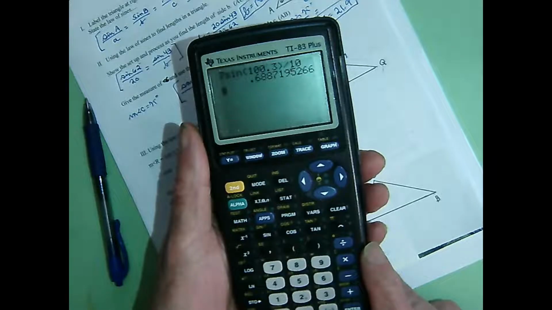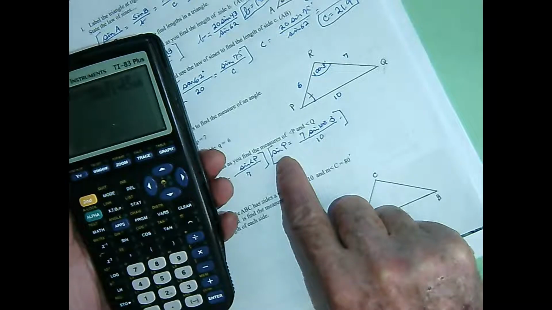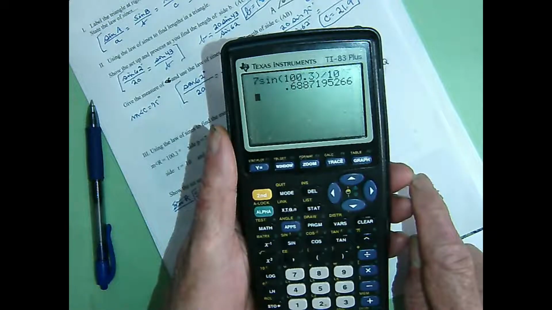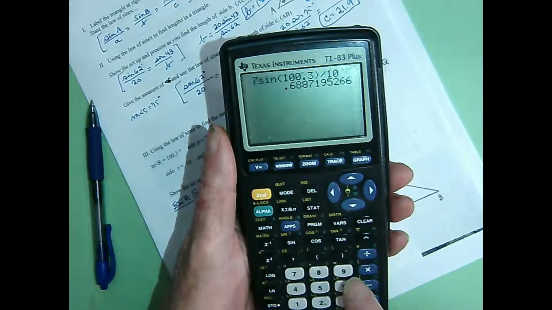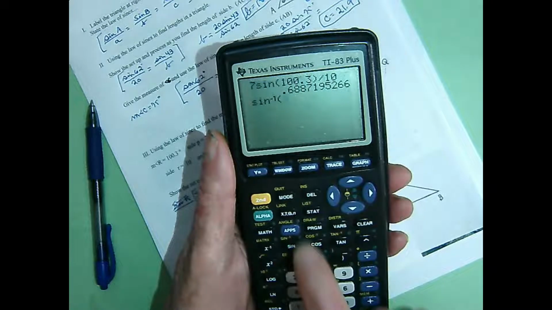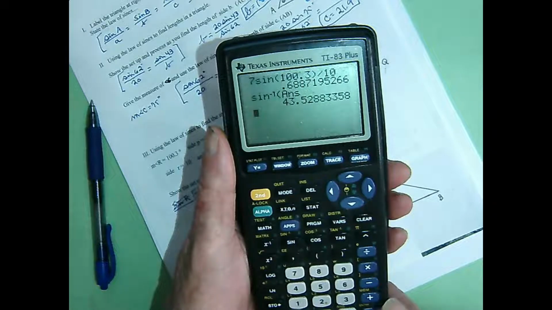And I have this amount, 0.6887. But that is equal to the sine of angle P, and I want to know the measure of angle P, so I should arc sine that amount. Second sine. And you could type that number in, 0.6887, but if I just go second answer, then I'm going to arc sine that amount, and that angle should have been about 43.5 degrees, I hope you see.